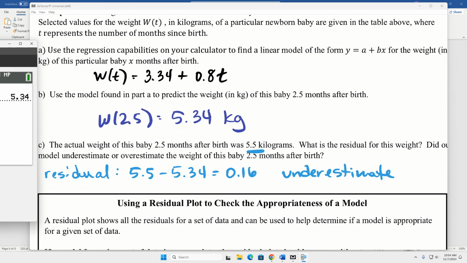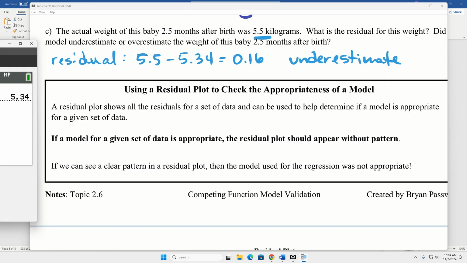Sometimes I think they might just give you the residual and you have to make that decision. So a positive residual is going to be an underestimate and a negative is going to be an over. And that might be really hard for you to remember like in May. And so I would just go back and make up some numbers and subtract and see which one was bigger.